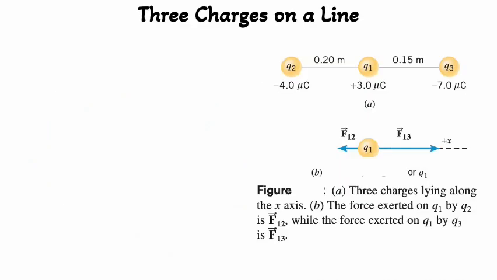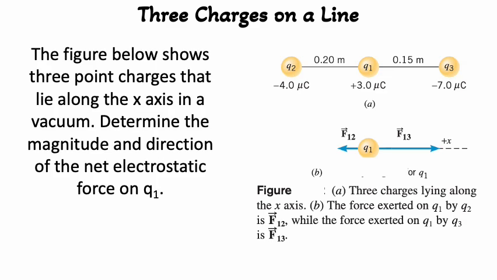Okay, so let's begin with a simple example on three charges. In this example, we can see in this illustration that there are 3 point charges lying along the x-axis. Here, we have to determine the magnitude and direction of the net electrostatic force on Q1.